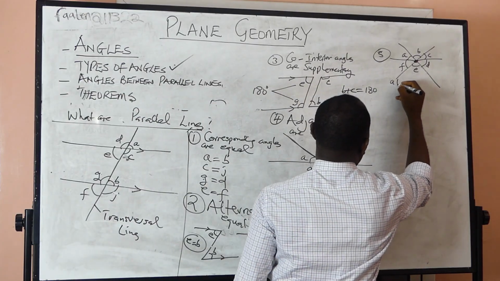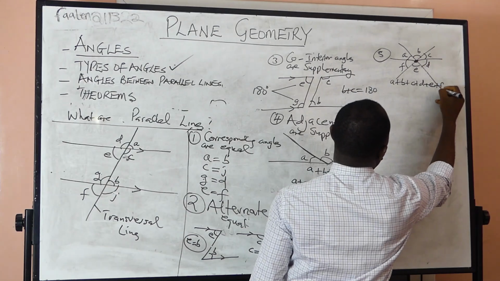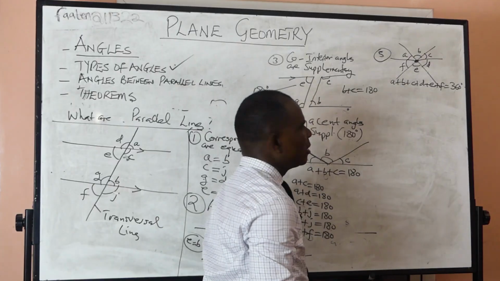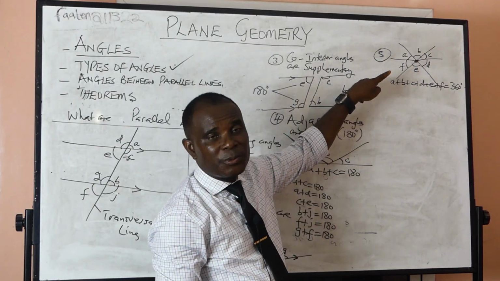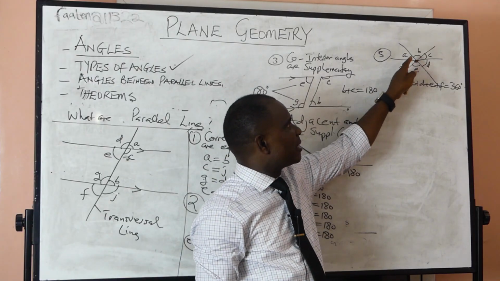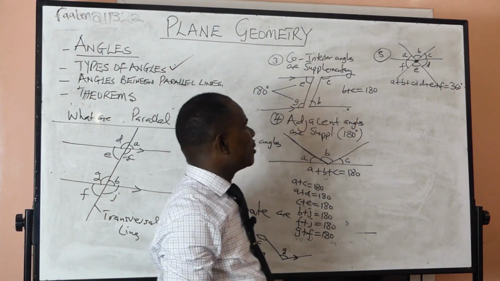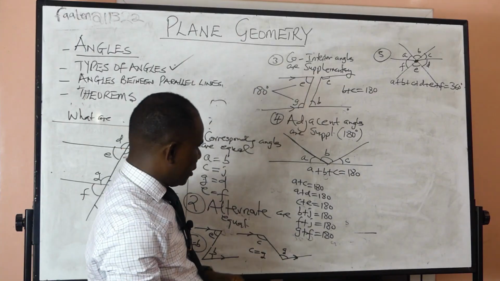So A plus B plus C plus D plus E plus F must give me 360 degrees, or 2 pi. Remember that? That is the angles in a circle. Angles at a point, they're all acting at one point. So all of them add up to 360 degrees. That is what we call the angles at a point theorem. It is the next theorem that we're going to look at.